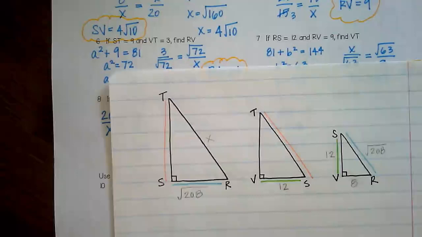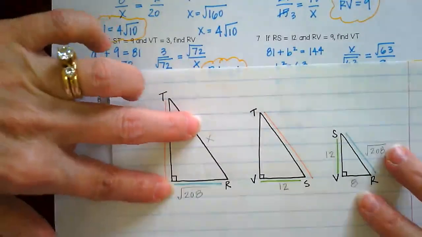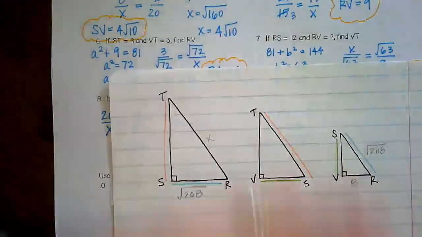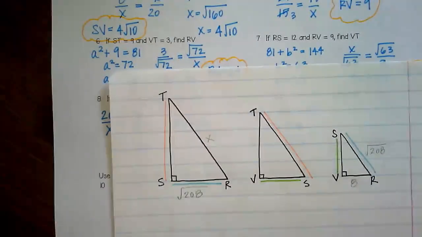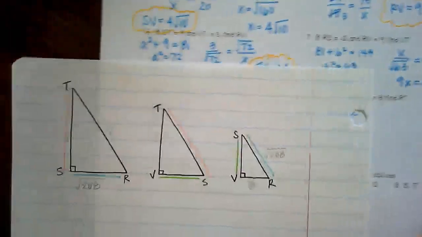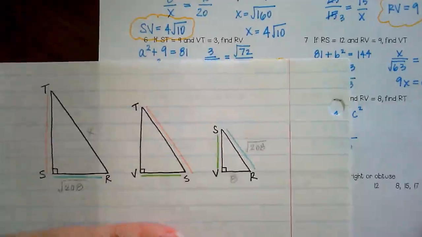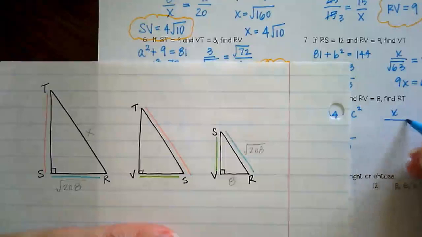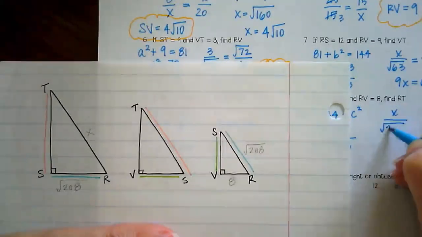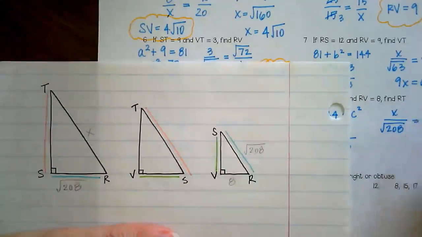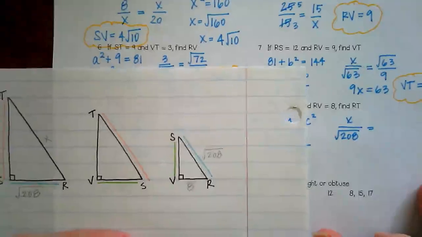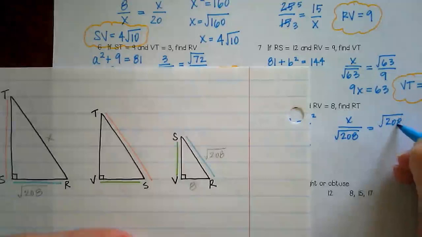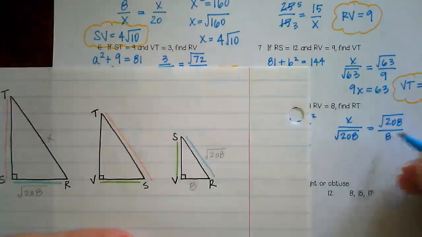So now it looks like I have corresponding parts between Papa Bear and Baby Bear, so I don't need that information right there. For the proportion, I am going to say that Papa Bear is x over root 208, matches up with Baby Bear, who is root 208 over 8.